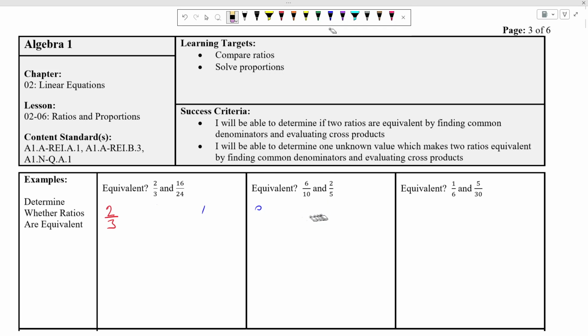It took me 8 listings to achieve a common multiple: 1, 2, 3, 4, 5, 6, 7, 8.